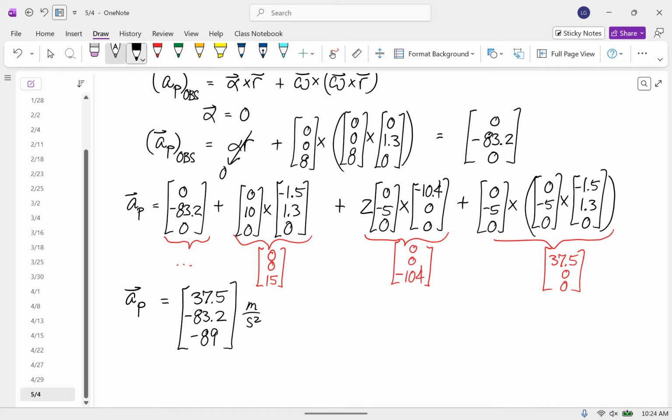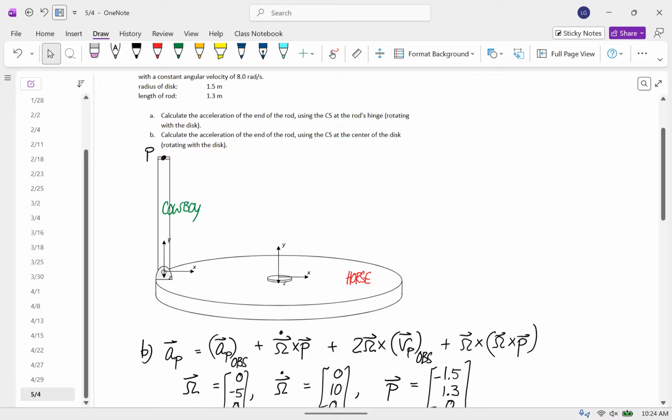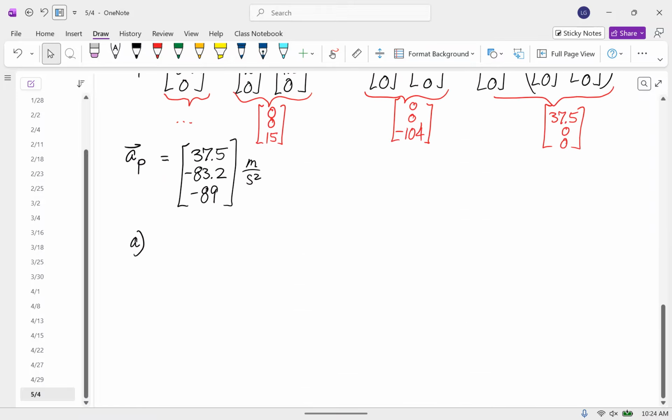Now we're going to do part A. And part A is tricky because the origin is accelerating. And you deal with accelerating origins using relative motion.